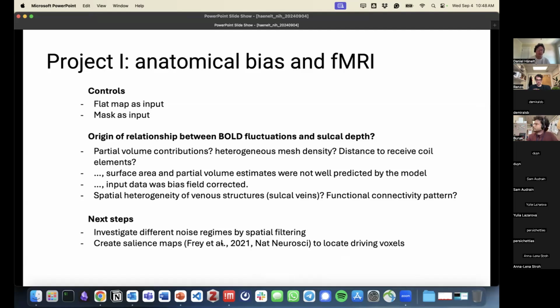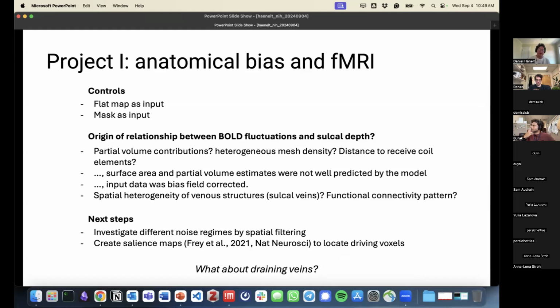In their publication, they could show, for example, that it was where the eyes were located. And this might give us some insights into from which parts of the map the most sulcal depth information is taken from.